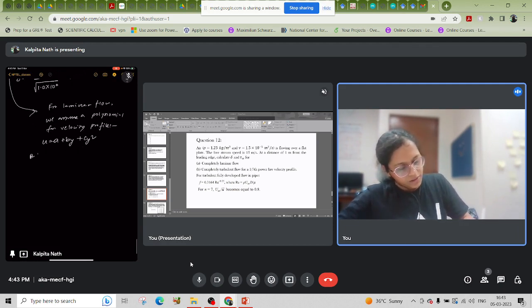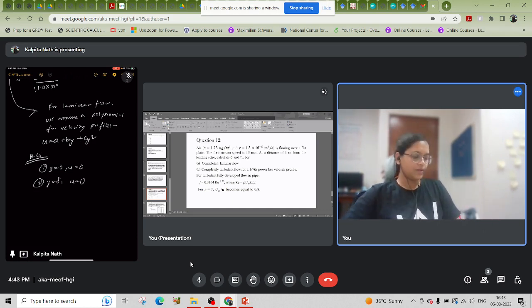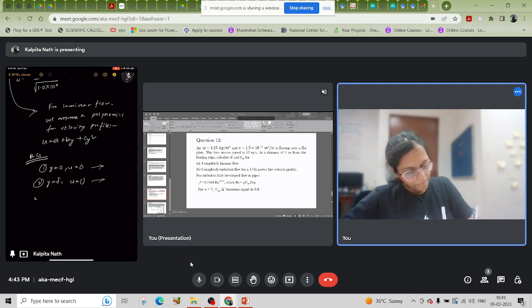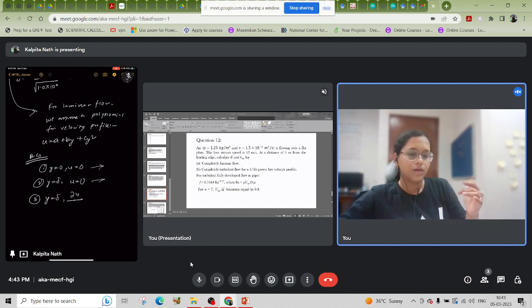The boundary conditions are: first, y is equal to 0, u is equal to 0, and at y is equal to delta, u is equal to U, that is at the edge of the boundary layer. Also at y is equal to delta, because of the liquid air interface, the shear stress will be 0, that is du dy is equal to 0.